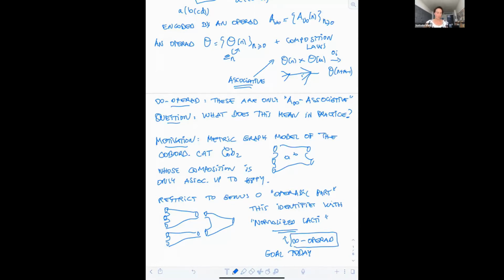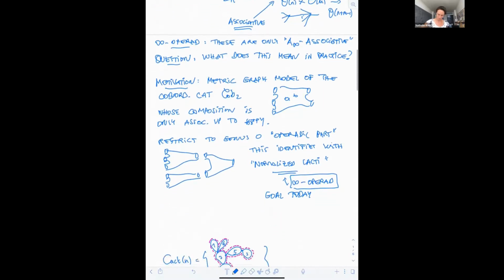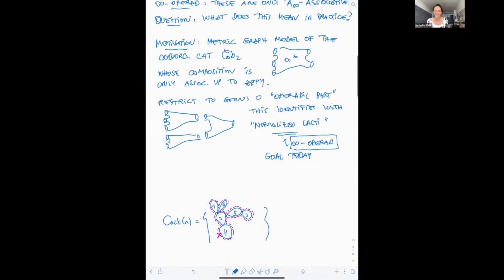Okay, so we need to talk a little bit about the cactus operad. So this is my cactus operad.